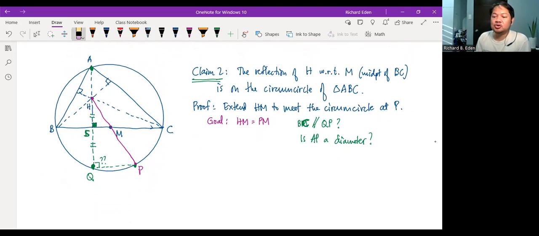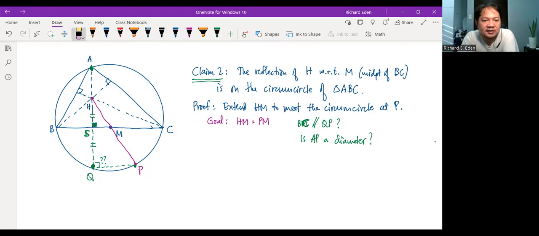Because if you're able to show this goal, that means you've shown that M is the midpoint, so P is indeed the reflection of H with respect to M. Okay, so I gave hints here because it's part of working backwards, by observing that the foot of the altitude S, did I really call it S? Yes. We know kasi that the reflection of H with respect to S is Q.